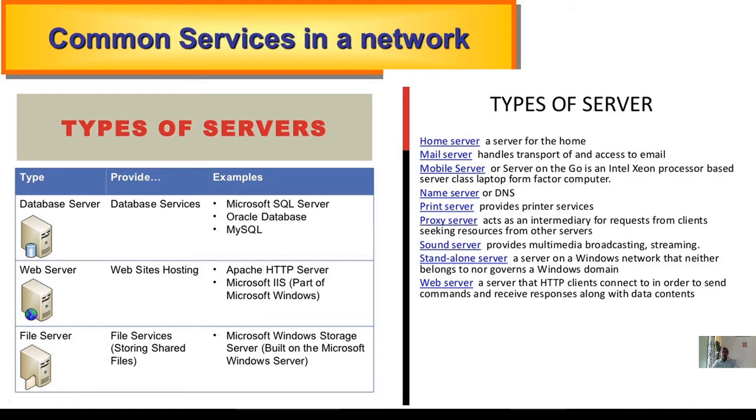Microsoft IIS is a web server. These are software. When installed in a computer or a system, this system acts as a web server. The purpose of a web server is website hosting. The third one is the file server. A file server provides file services.